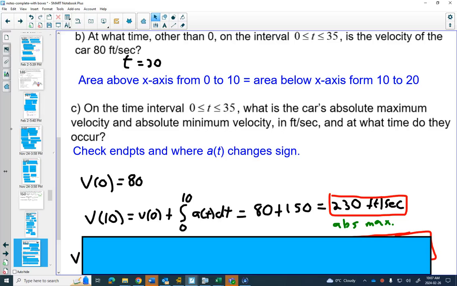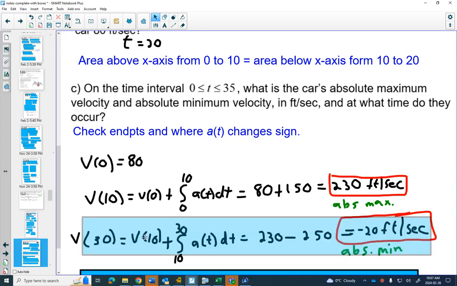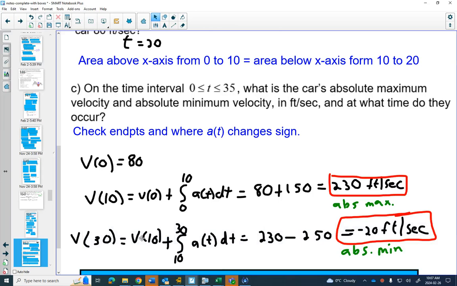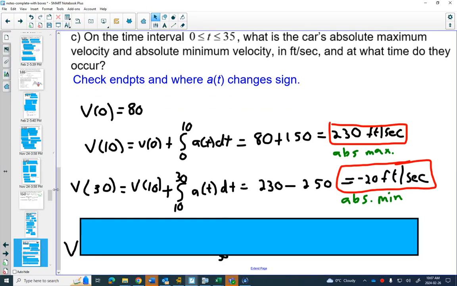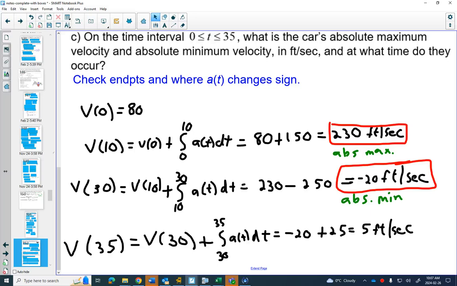Then if we add all those negative accumulations of change, we get to negative 20 feet per second, which means somewhere in there the velocity is 0, and the person is changing directions. The question asks, what time do these occur?